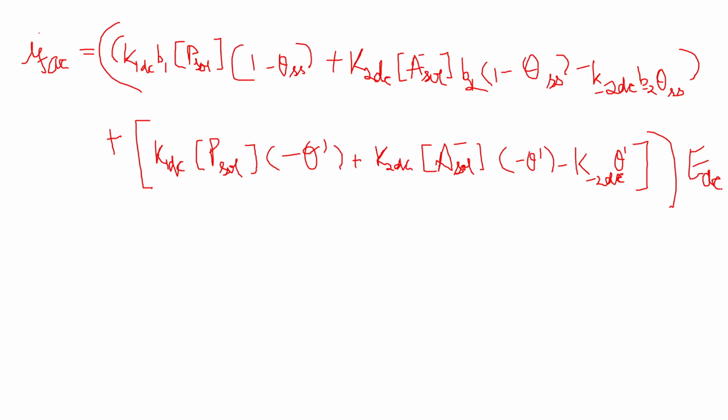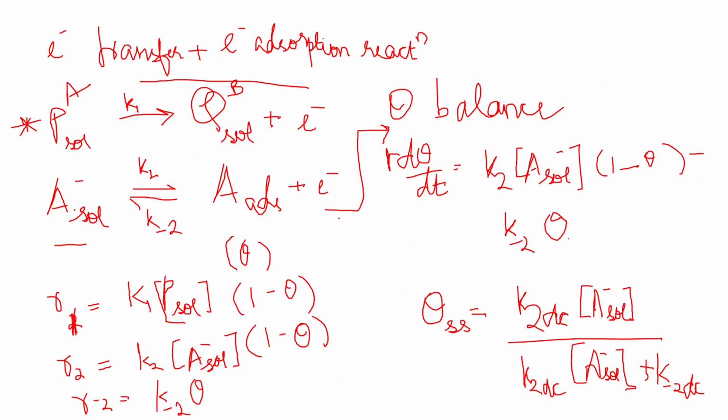Anyone has any doubt? Okay, so the next step is to find out theta dash. Again, you'll have to go back to this balance equation. You have to substitute for theta as theta ss plus theta dash EAC, and K2 will be K2 DC into 1 plus B2 DC EAC, K minus 2 will be K minus 2 DC into 1 plus B minus 2 EAC.